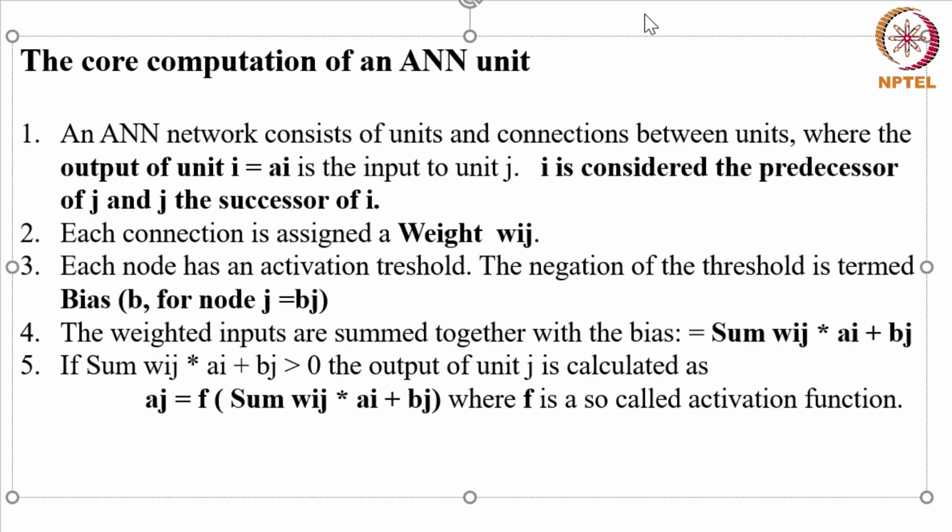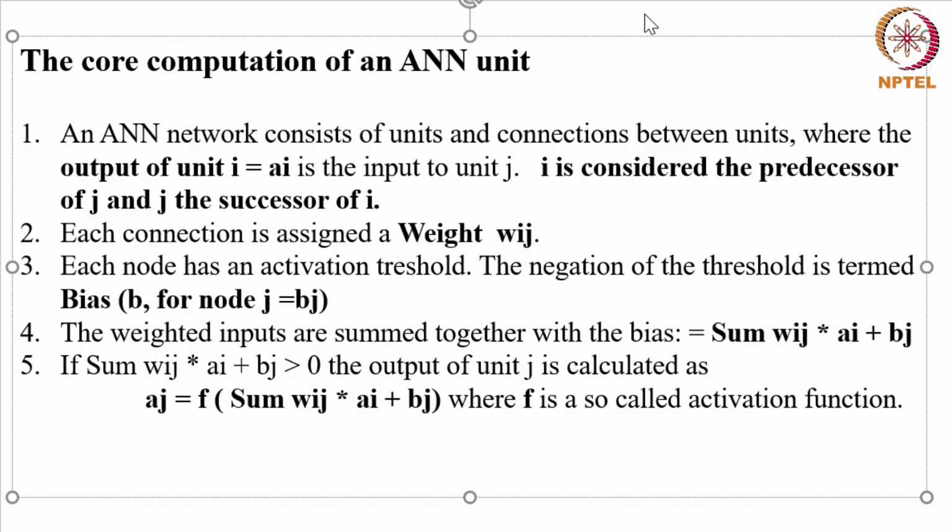Each connection is assigned a weight, in this case w_ij. Each node has an activation threshold. The negation of the threshold is termed bias, b. So for node j, we call it b_j. In the body of the unit, the weighted inputs are summed together with a bias, which means that we say sum of w_ij times a_i plus b_j.